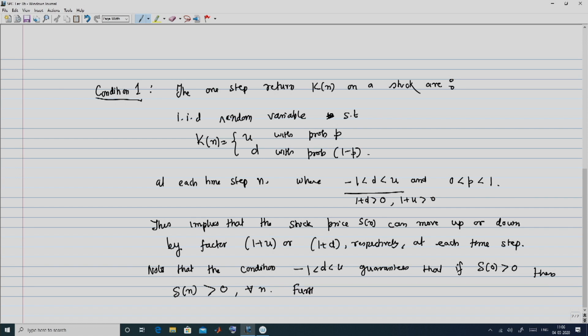Now, further we let R be the risk free rate for a single time step.